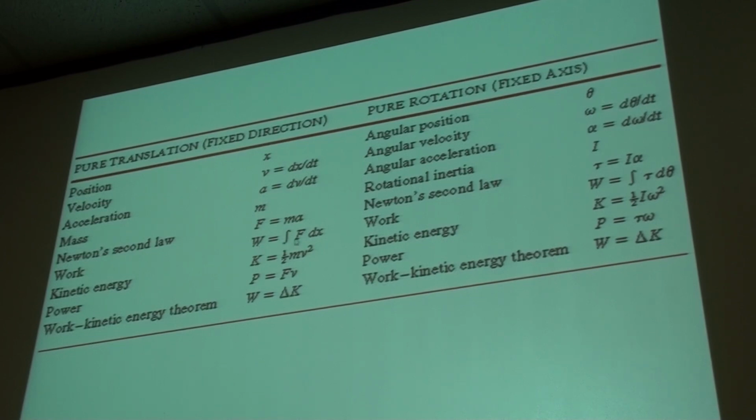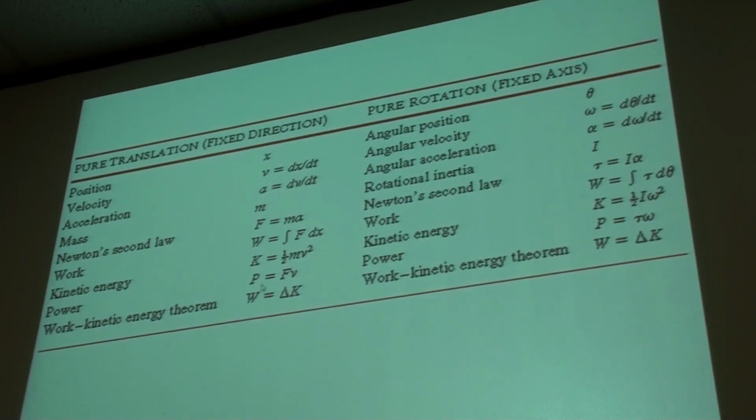And so we also see then that the work, which is the integral of F dot dx, if F goes to torque and x goes to theta, then dx goes to d theta, and we have this correspondence then between work done by a linear force through a distance and work done by a torque through an angle. And then with kinetic energy, we have K equals 1/2 mv squared. And so if we let m go to the moment of inertia I, and v go to omega, this becomes our rotational kinetic energy.